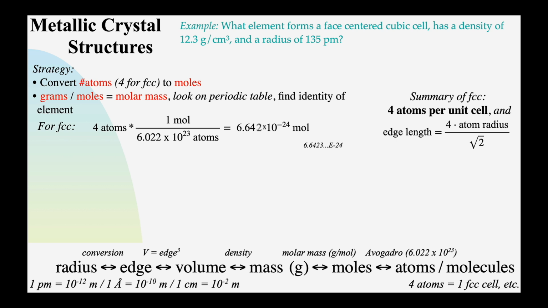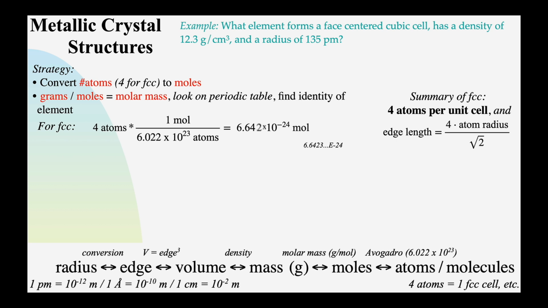Now, I want to make sure, especially at this part, that you're getting this number. It's easy to go 4 divide 6.022 times 10 to the 23rd, and your calculator may not be aware that you want to divide by 6.022 times 10 to the 23rd and not go 4 divided by 6.022 and then multiply by 10 to the 23rd.